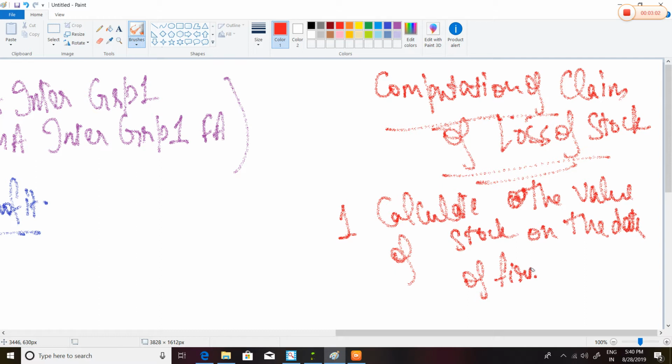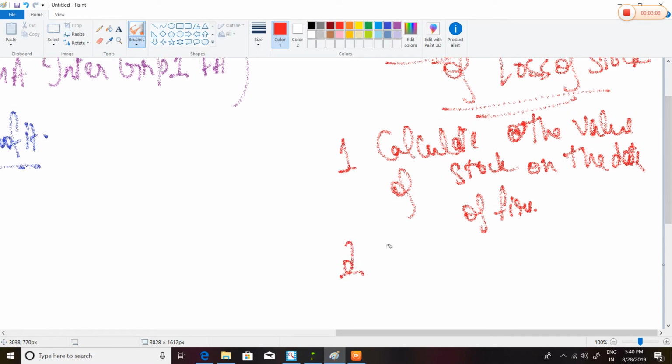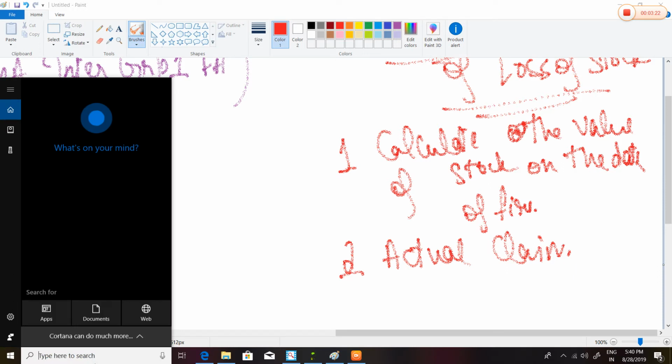Next is the calculation of actual claim. Now I'm going to tell you in detail both the steps. These are two steps. Let's begin.